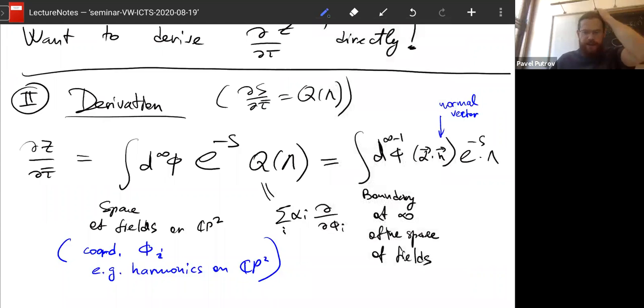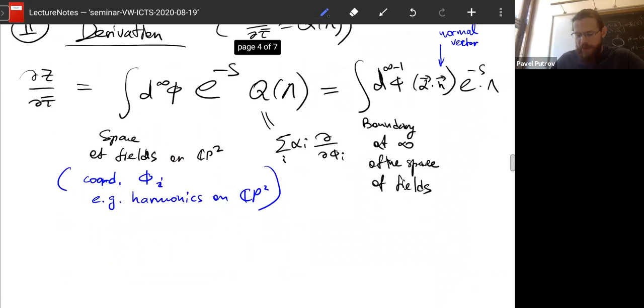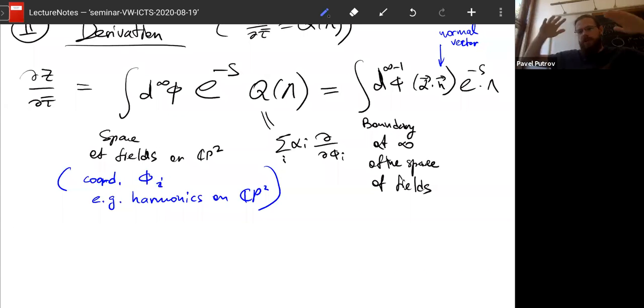So you can understand this either as integration by parts or as using Stokes theorem. By boundary at infinity, I mean that your space of fields is infinite dimensional, but one can introduce some sort of cutoff near infinity, to make it a compact space with a boundary. Later we want to consider the limit when this cutoff goes to infinity.